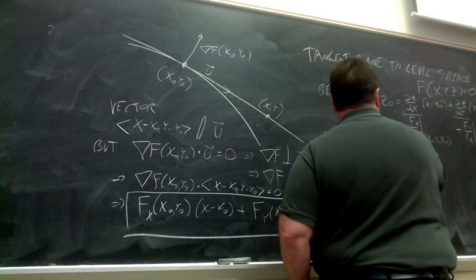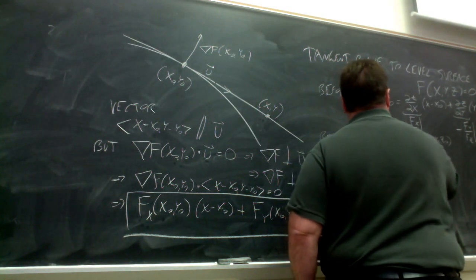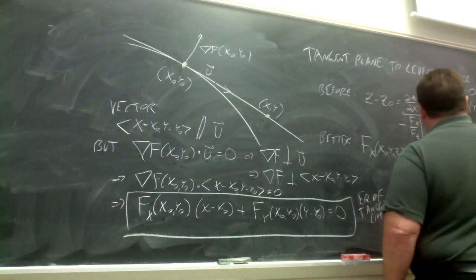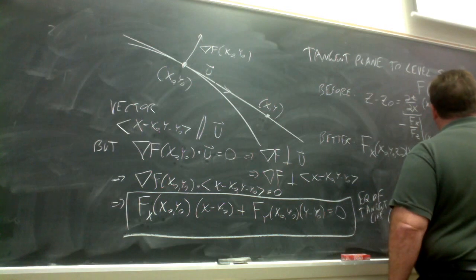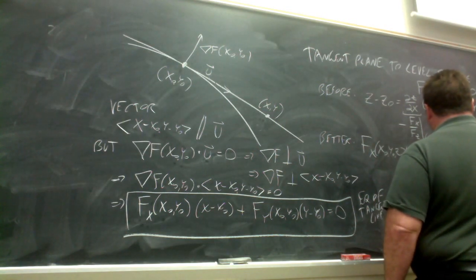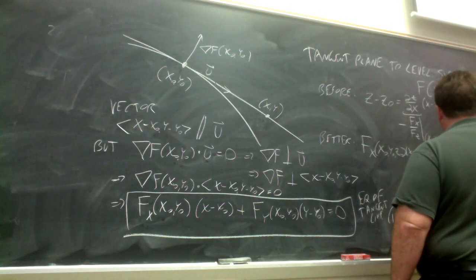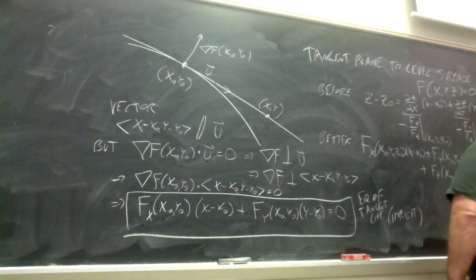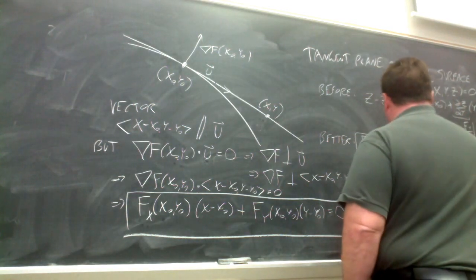So we have partial of f with respect to x at this point times x minus x naught, plus partial with respect to y at this point times y minus y naught, plus partial of f with respect to z times z minus z naught, must equal 0.